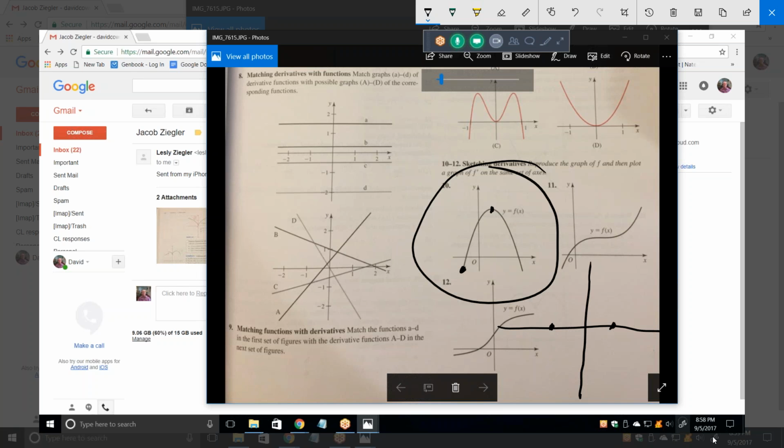I can tell that I've got a fairly steep slope there, so let's make that a high value. But then that slope is flattening until I get there where it's 0. So the derivative curve has to go through there. It starts out high, and it is a parabola, so its first derivative is going to be linear. So that's the way the first part of it starts.